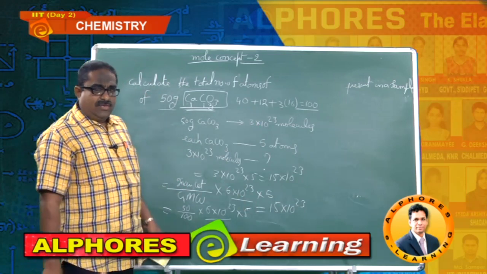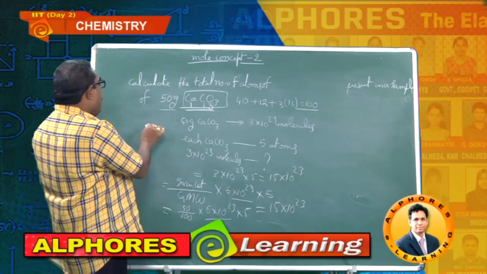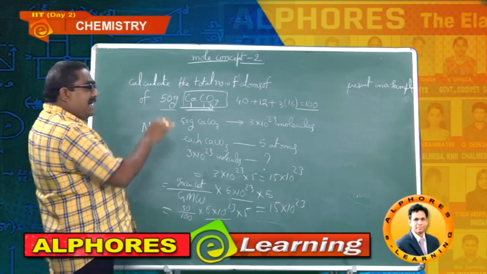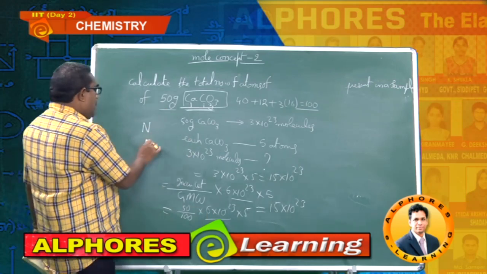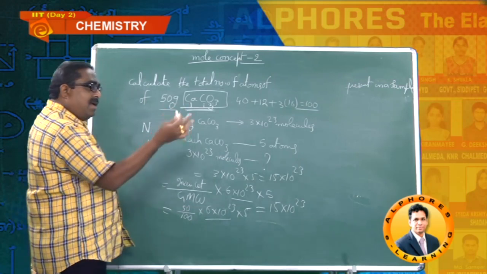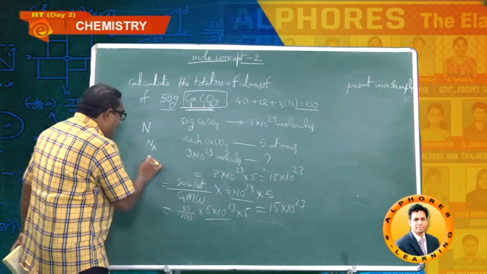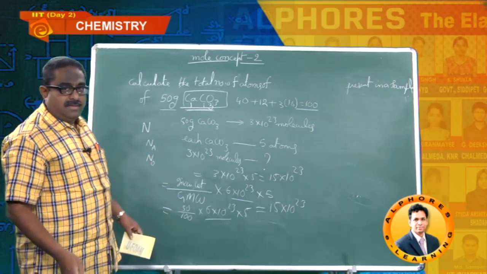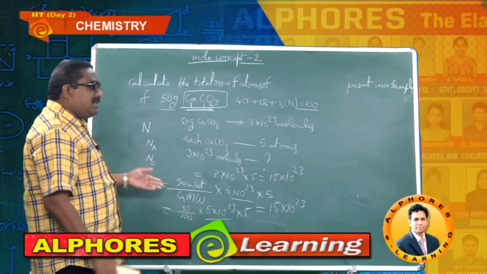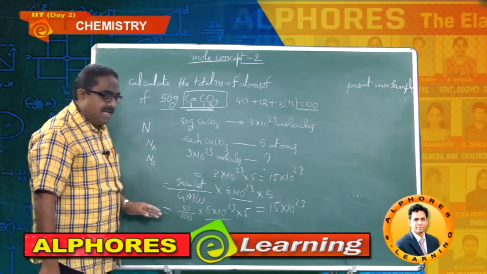Instead of 6 into 10 power 23, you can simply write N, or Na, and some books follow N naught. No problem, any notation you can follow, one can understand very easily.